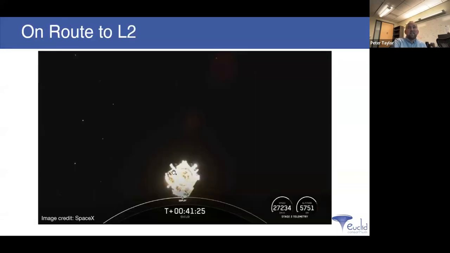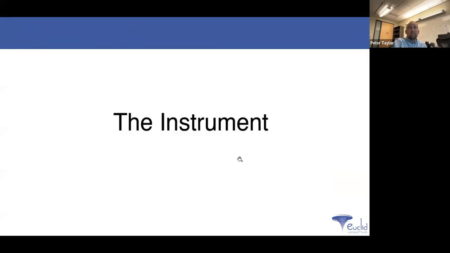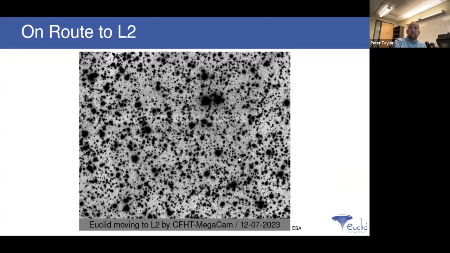So here is Euclid detaching from the launch vehicle about 40 minutes after launch. It's already going at a speed of 27,000 kilometers an hour at this stage on its way to L2. And then this is the last image that we have of Euclid.